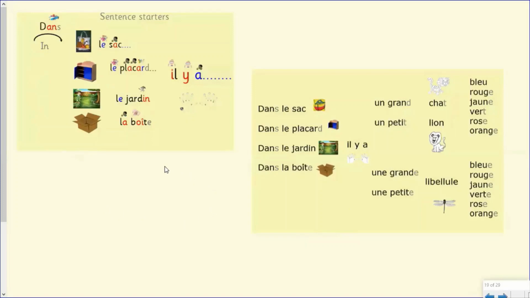And then once we've practiced those, we're putting them together with words which they already know to make this complete sentence with a sentence starter, il y a, an indefinite article, an adjective of size, a noun, and a colour. And I've taken away all the support now of the images, and all I've done as a means of support is giving the silent letters in grey, so that will remind them that they are silent.